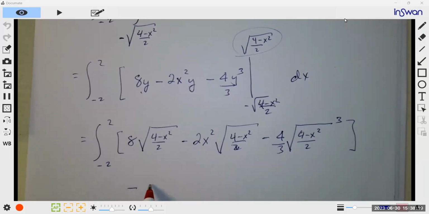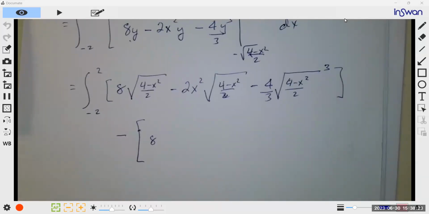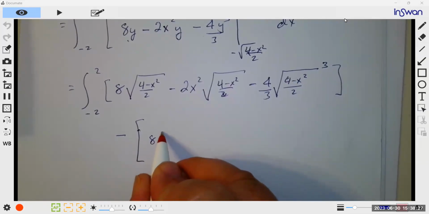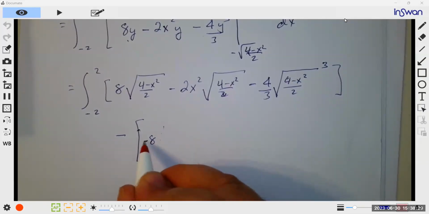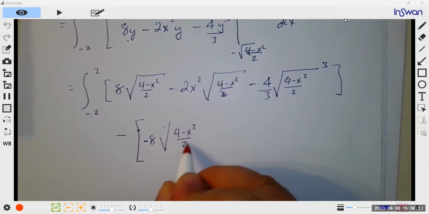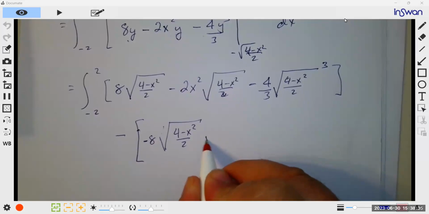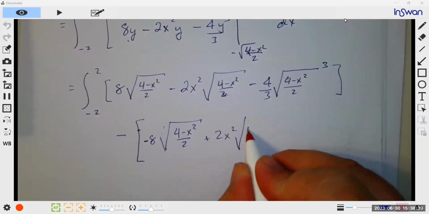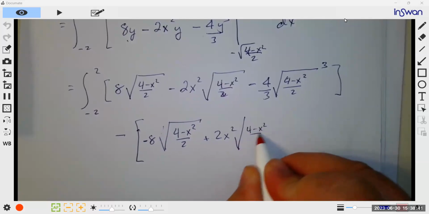Minus the lower bound: negative 8 times the square root of 4 minus x squared over 2, and change that sign to plus 2x squared times the square root of 4 minus x squared over 2.